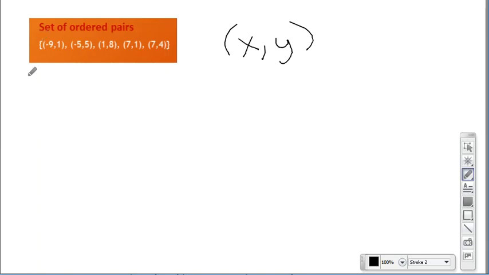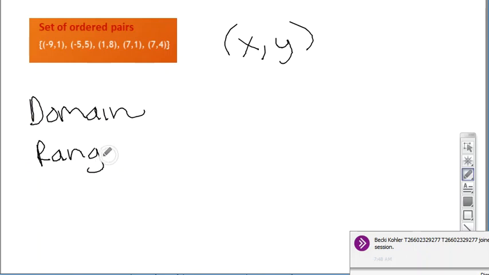So if we want to list the domain and range of this set, we need to go ahead and identify the x values and the y values for each of these.